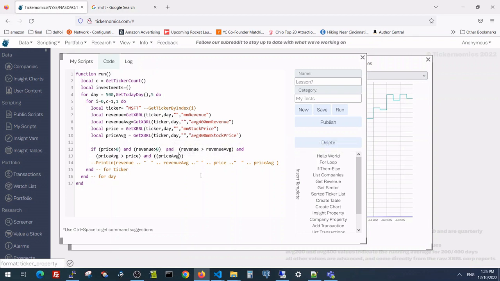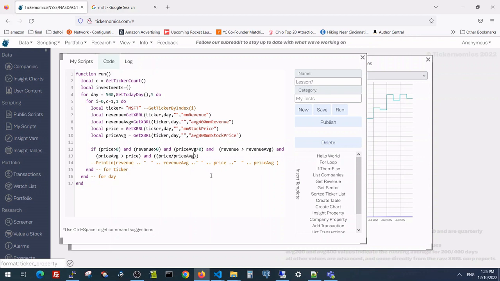And the margin is price average divided by price. So price average is bigger than price, so it should be the other way around, right? Let's also put here this also more than 0, and we'll actually do the other way around.